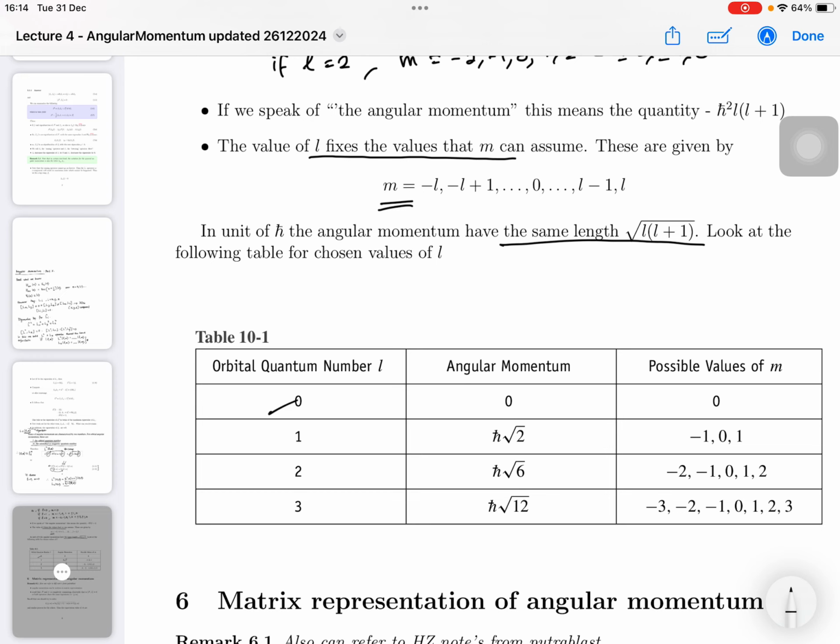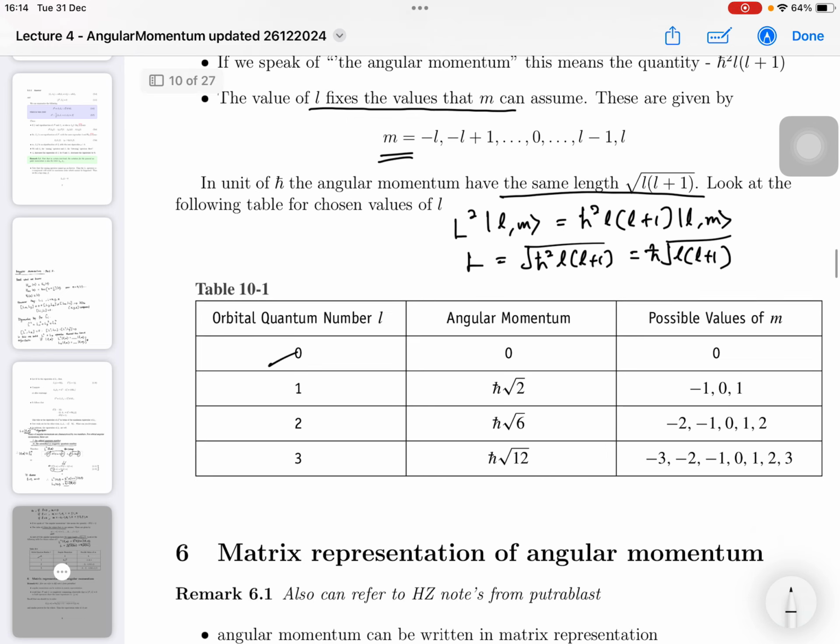So where does this come from? L squared acting on |l m> gives h bar squared l(l plus 1) |l m>, so your L is none other than the square root, h bar times the square root of l(l plus 1).